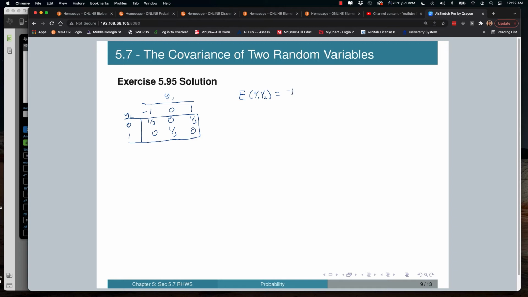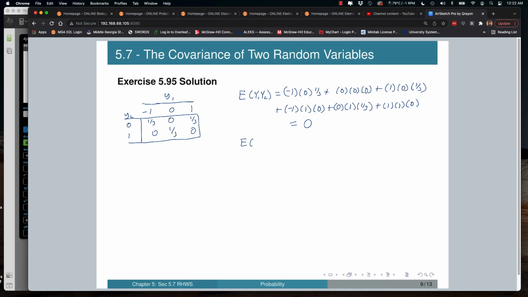But -1 times 0 times 1/3, plus 0 times 0 times 0, plus 1 times 0 times 1/3, plus -1 times 1 times 0, plus 0 times 1 times 1/3, and then finally plus 1 times 1 times 0. But everything's got a 0 in it, so this just equals 0. Well, that was rather nice.